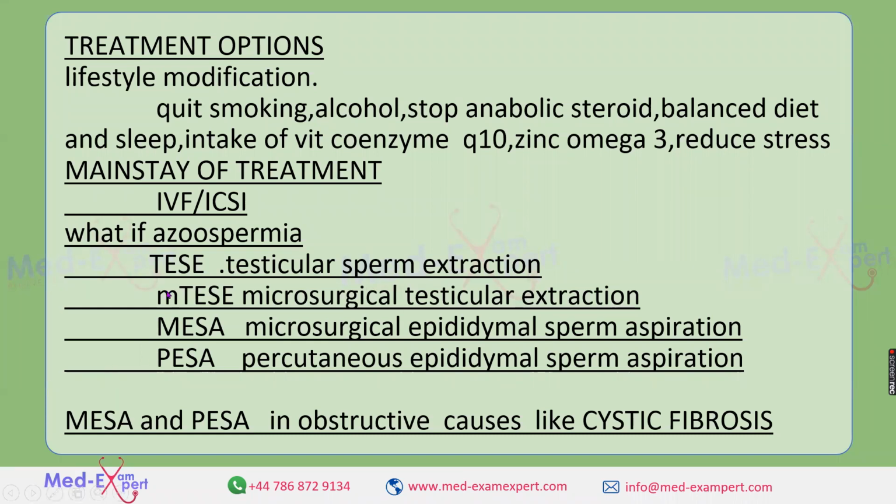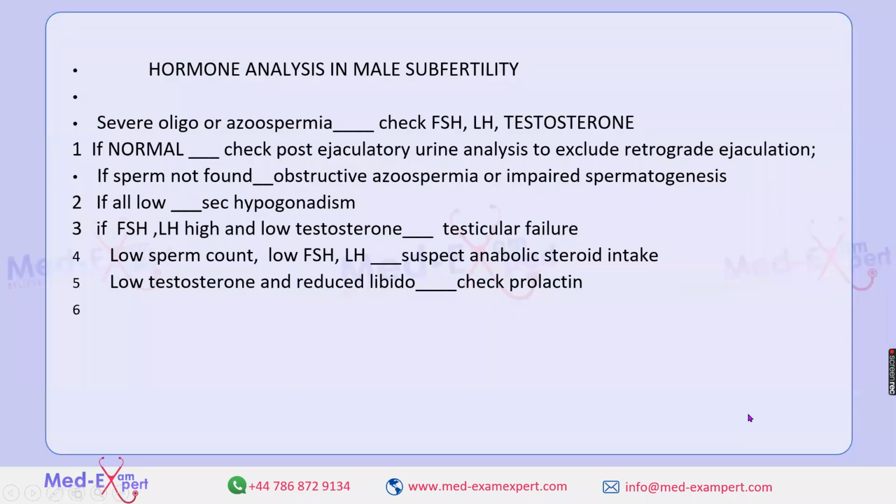This is all applied knowledge you already know from your part 2. This is MESA and PISA, also applied knowledge, which is MESA and PISA in obstetric case and cystic fibrosis. Am I clear so far, girls?